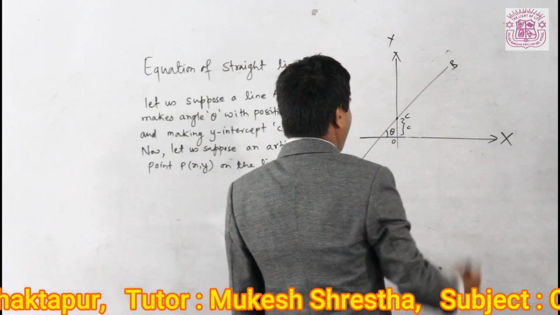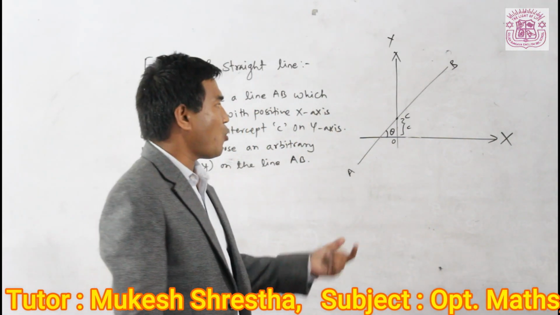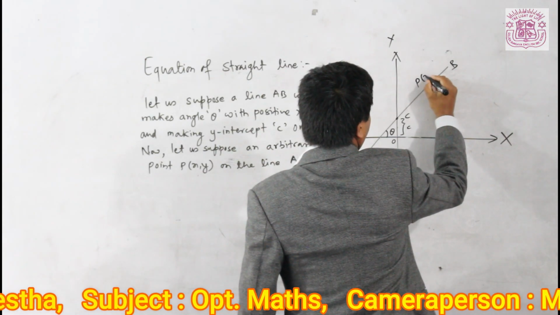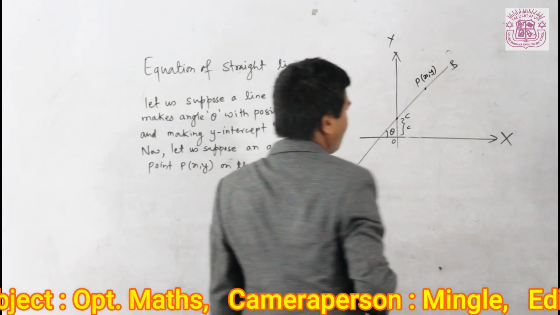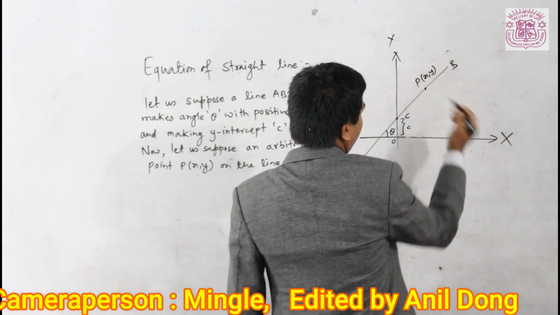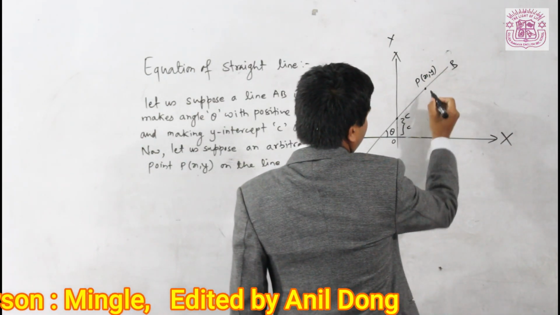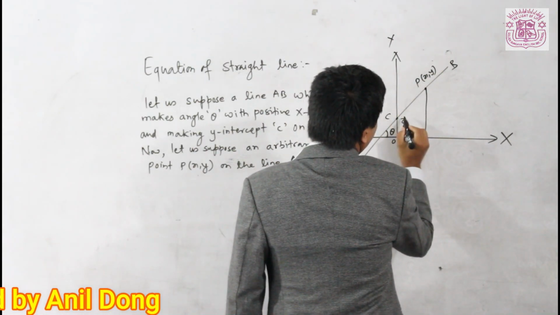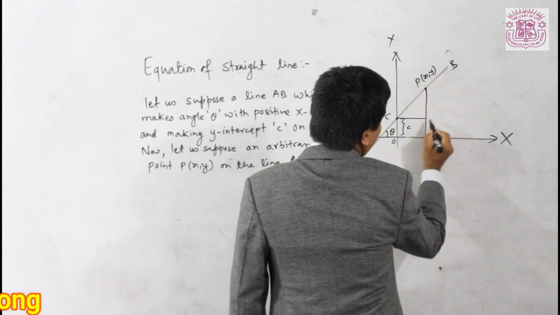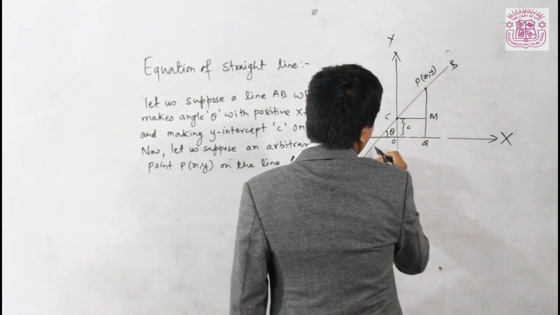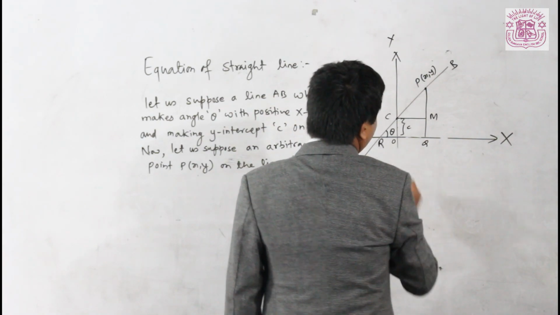That means we are going to suppose any arbitrary point over this line. So let us suppose this is P(x, y) on AB. Now we are going to draw the two perpendiculars. One perpendicular is over here, and another perpendicular is over here. Let us suppose this is M, this is Q, and this is R.